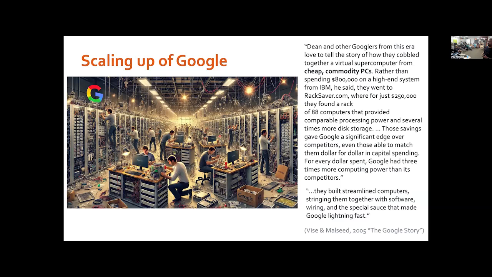Obviously, you probably heard of PageRank, hopefully, which was their big deal when they started off. But one of the main reasons they succeeded was how they scaled up the hardware. At that time, a lot of the scaling up was just buying bigger and bigger computers, similar to what we do today, buying bigger and bigger GPUs.